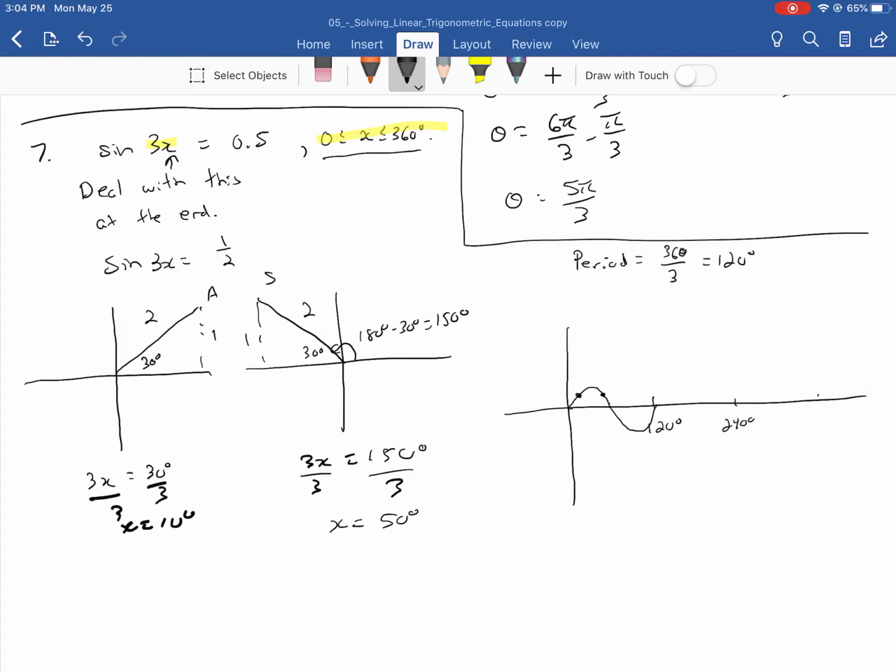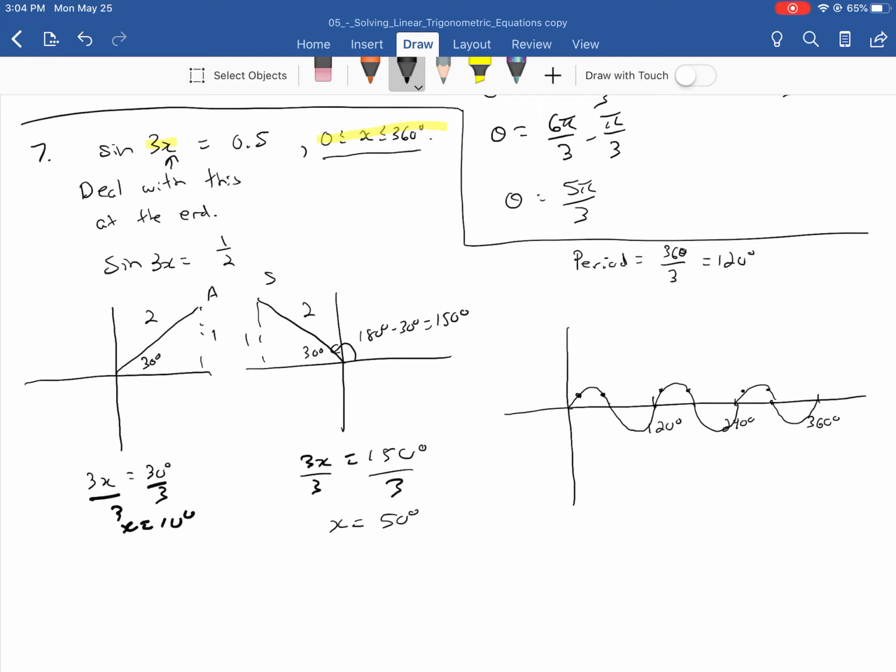But the only problem is this question said find the answers between 0 and 360. This graph keeps going between 0 and 360. See, at 240, it'll have gone again. At 360, it'll have gone again. So it's got to do that, and then it's got to do that, and do that. So there are more answers here between 0 and 360. I've only got the 2 answers.